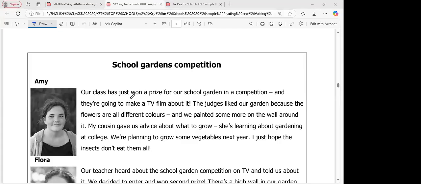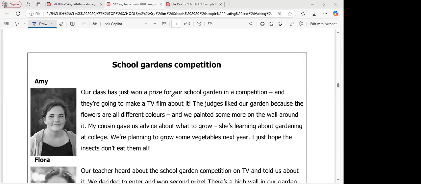Okay, teacher. Our class has just won a prize for our school garden in a competition, and they are going to make a TV film about it. The judges liked our garden because the flowers are all different colors, and we painted some more on the wall around it.